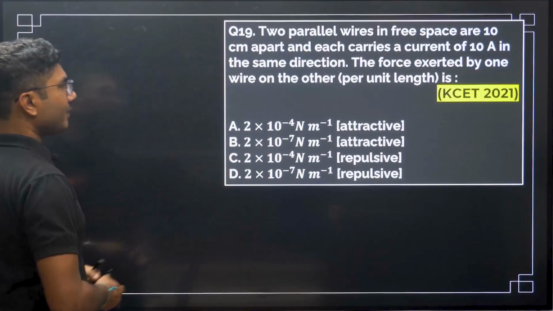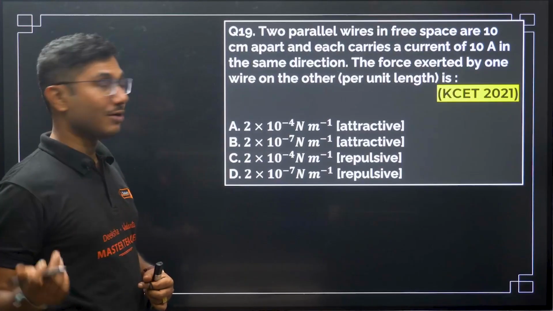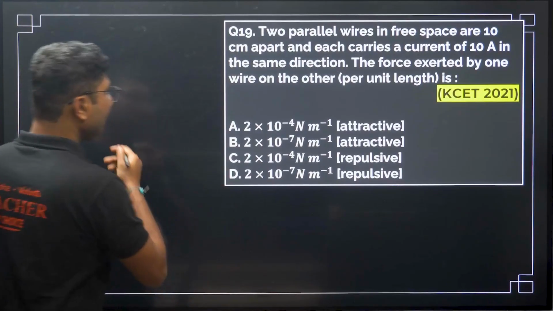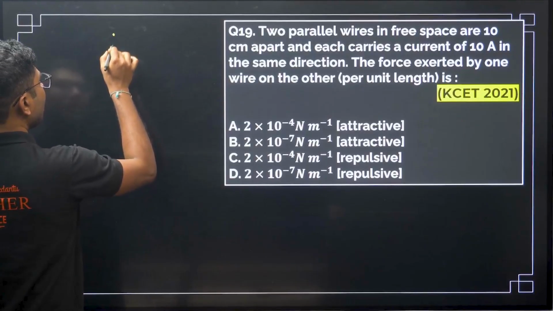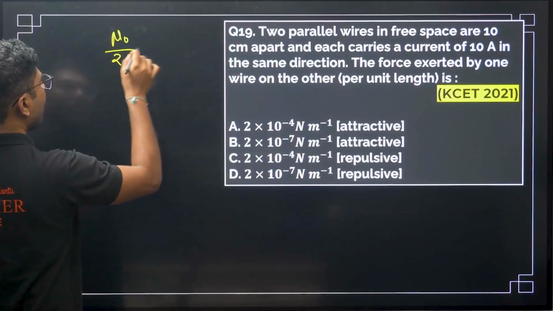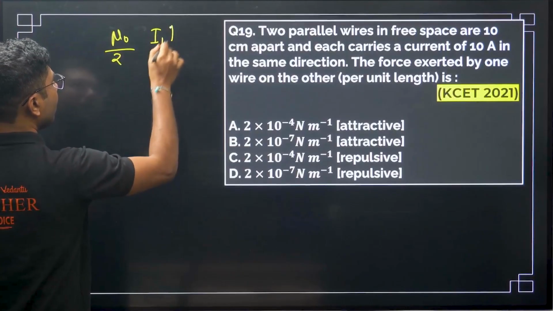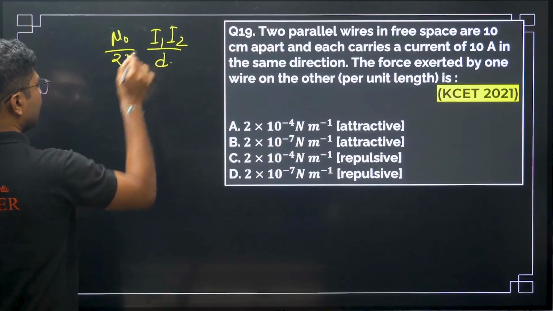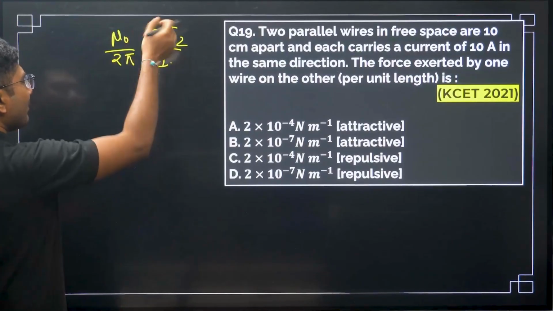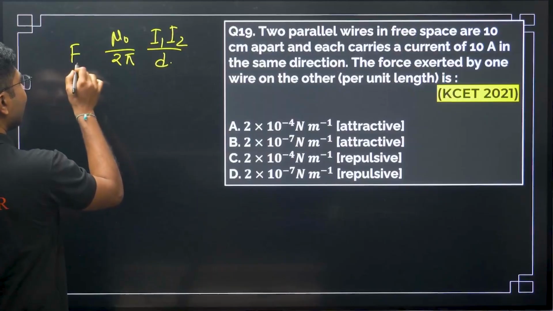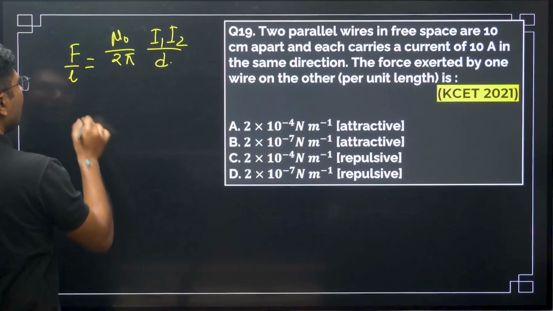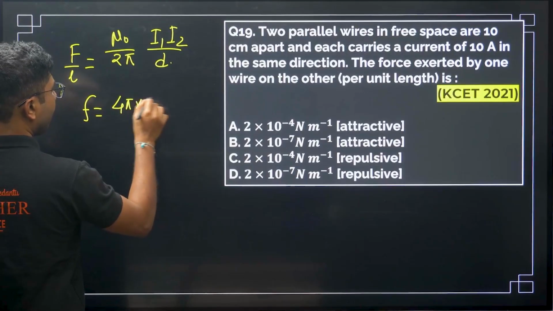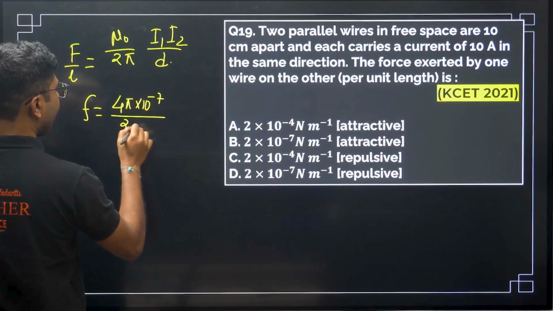So we have to find the force exerted on one wire due to the other, which is given by mu naught by 2 pi I1 I2 by D. This is the force per unit length, right? Or the force per unit length is 4 pi into 10 to the power of minus 7 divided by 2 pi.